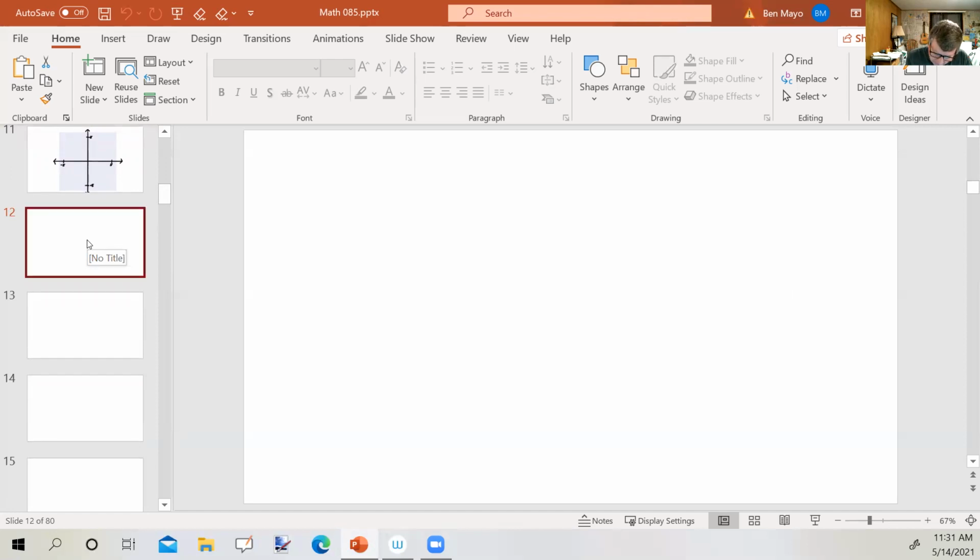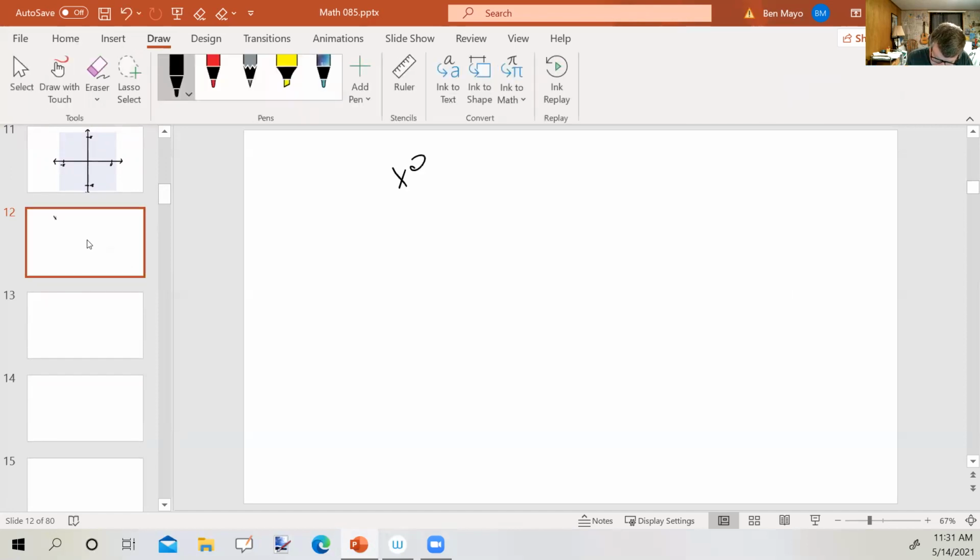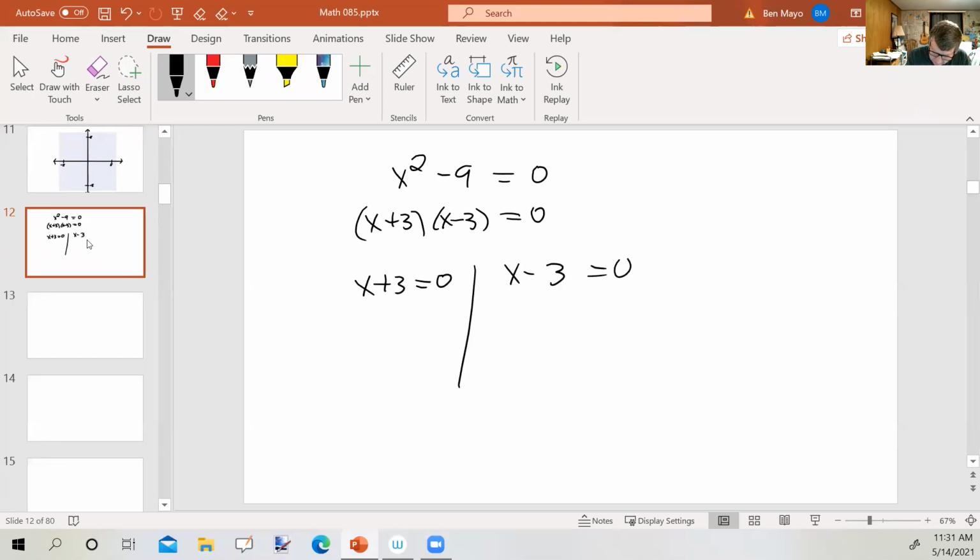Take, for instance, the following problem. x squared minus 9 equals 0. x squared minus 9, we factored as the difference of two squares, and we got x plus 3 times x minus 3 equals 0. Then we took each factor that contained a variable and set it equal to 0, and then solved each of these first degree equations.